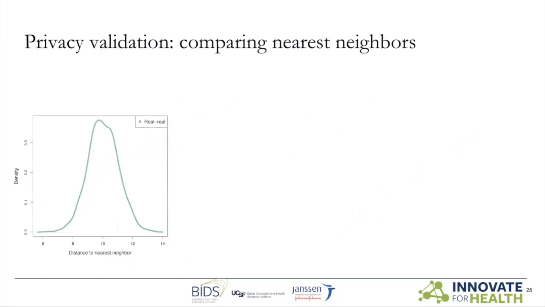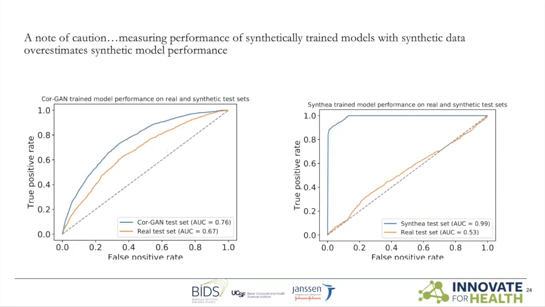So finally, the stuff we've been talking about so far has been all of these quantitative metrics on the idea of realism and how you can use synthetic data in a variety of different use cases. But of course, privacy is definitely the other side of the coin to realism, and we need to be able to check to ensure that whatever synthetic data we have generated is not compromising the privacy of patients within whatever training data set was used to generate the synthetic data.